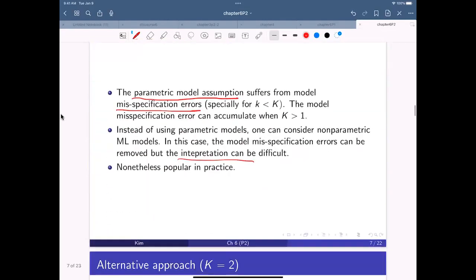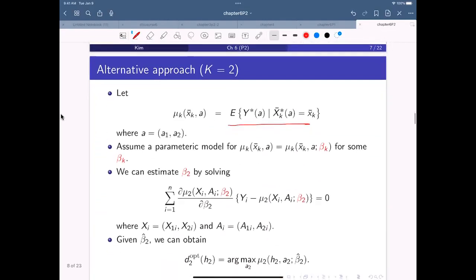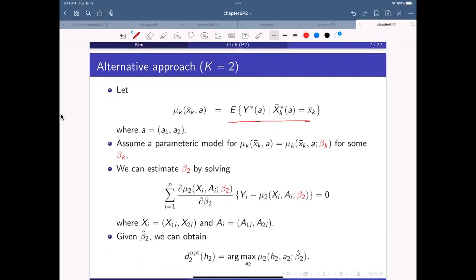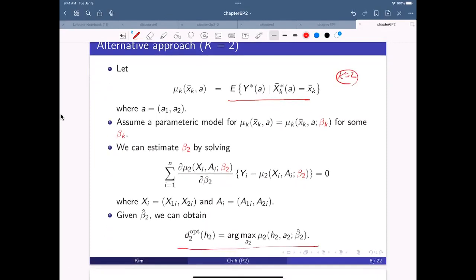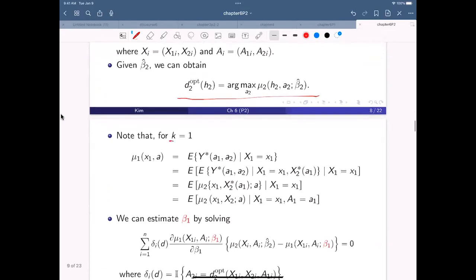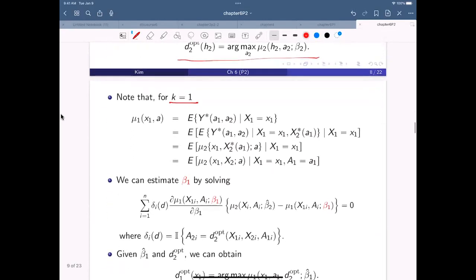So the idea is that for the k equals 2 part, no problem. We just use the same idea. But then for k equals 1, here's the model. Given X1, you want to compute the conditional expectation of Y star.